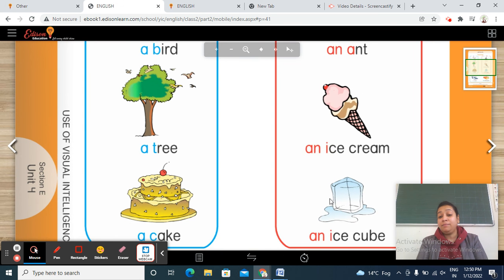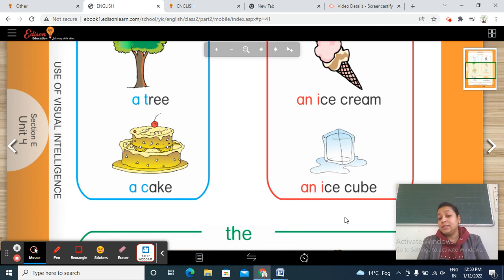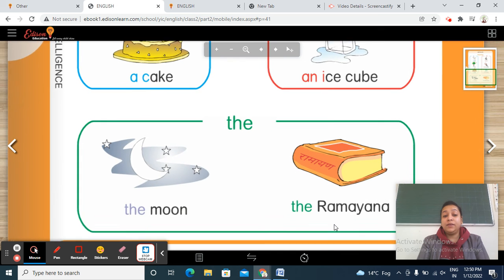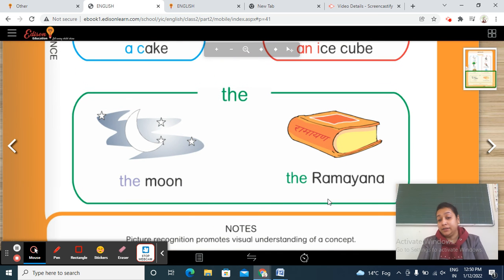Then an ice cube. Then we have the moon, the Ramayana. When we are talking about the particular thing, the holy books, the Ramayana, the Guru Granth Sahib, then the Quran, the Bible. We are talking about the particular holy books of our religions.